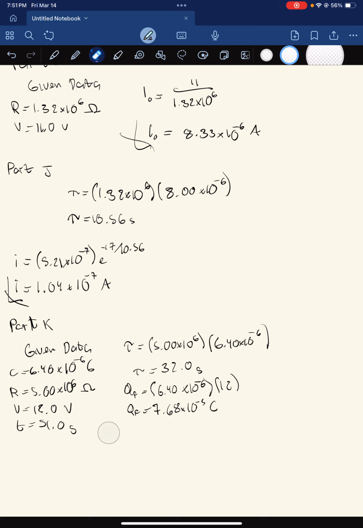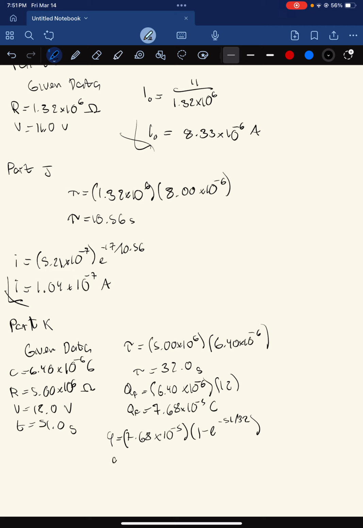Now 7.68 10 times -5 multiplied by 1 minus e to the 51 over 32.